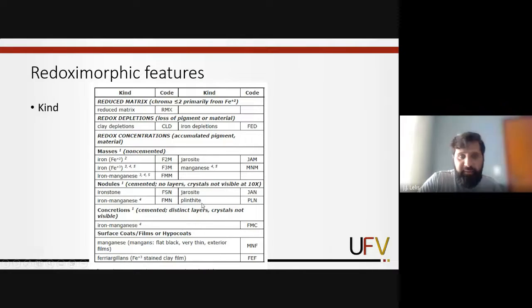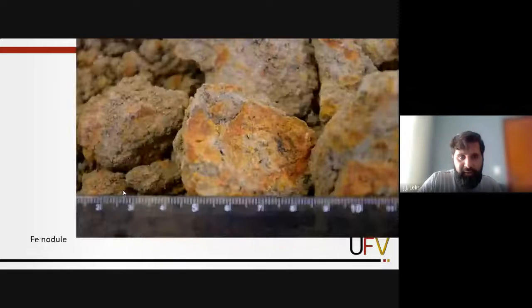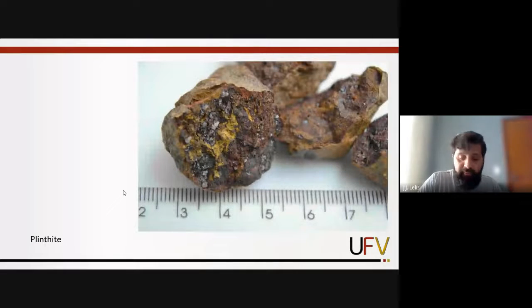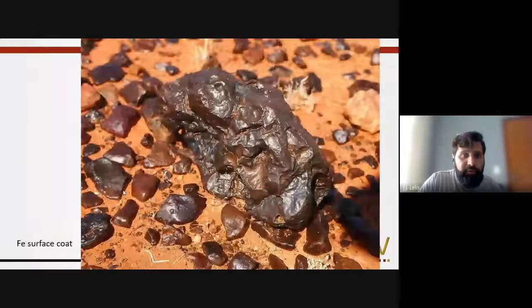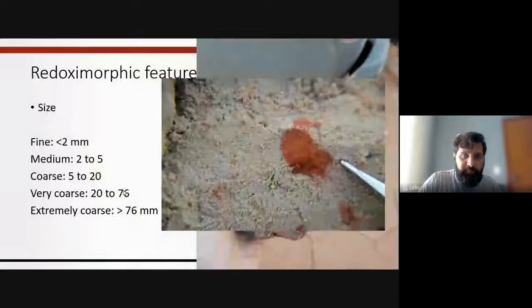And plinthite are materials that don't have a lot of quartz, and ironstone are materials that have a lot of quartz. Okay, so both of them are iron-rich materials, but ironstone are cemented materials that have a lot of quartz. So this is a platy ironstone nodule.